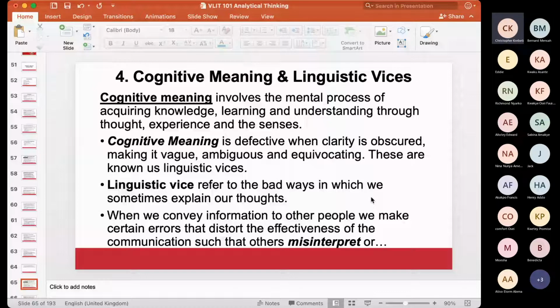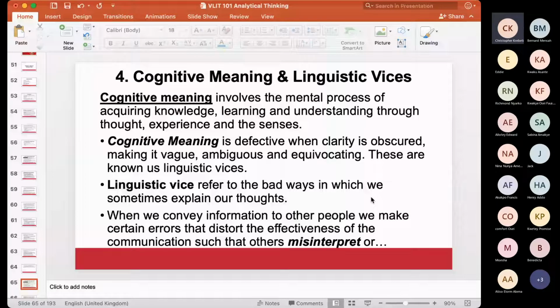So learning in a university environment is developing our intellectual ability, receiving information and processing that information for a particular enterprise, for a particular engagement.